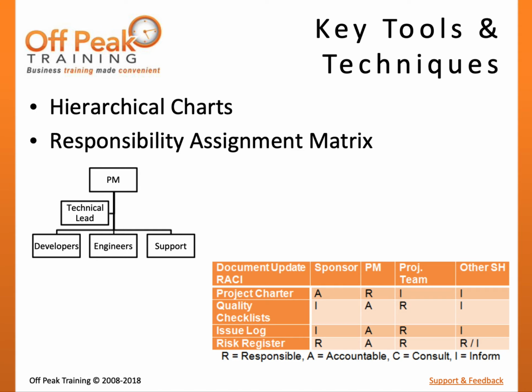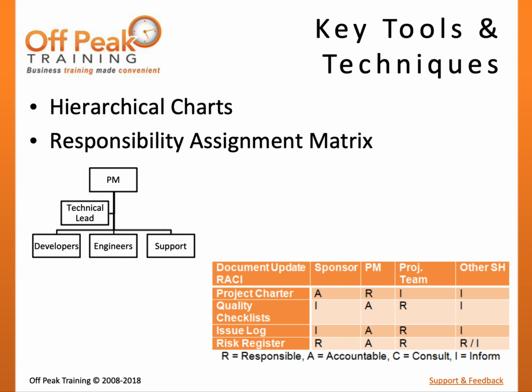The RACI Matrix gets its name from the acronym RACI. In the RACI Matrix, each project responsibility is mapped to one of four possible levels for each stakeholder. If an A is displayed, that party is accountable for the duty, meaning if it doesn't get done, they're the ones that would be blamed.